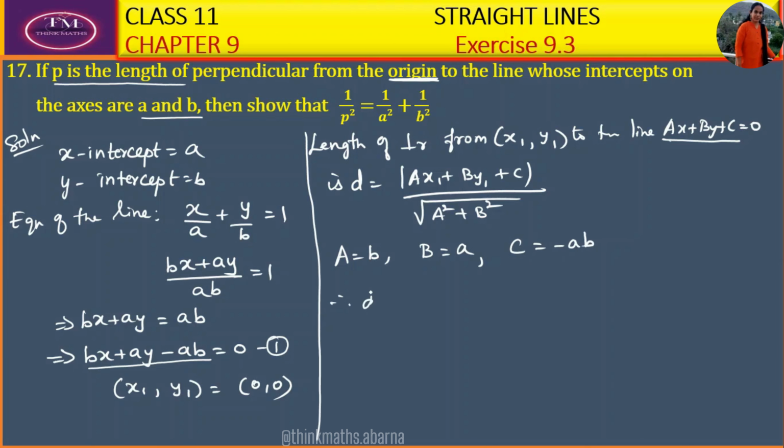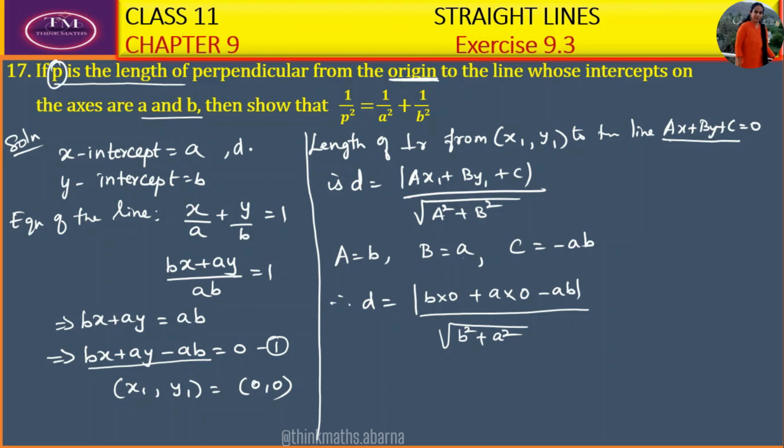Therefore, the perpendicular distance is capital A small b, where x1 is 0, and capital B is small a, and y1 is 0, and C is minus ab, divided by the square root of b square plus a square. The perpendicular distance is given as p.